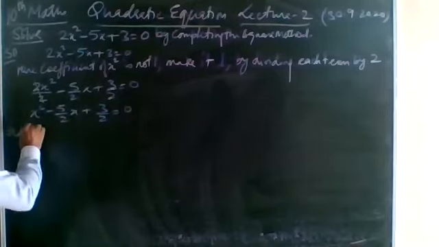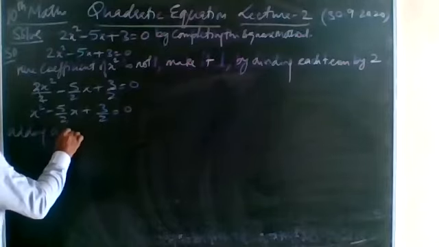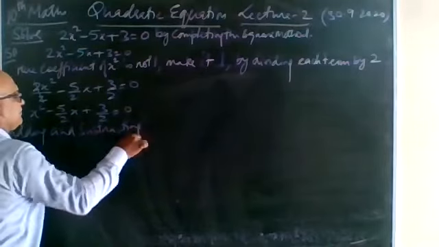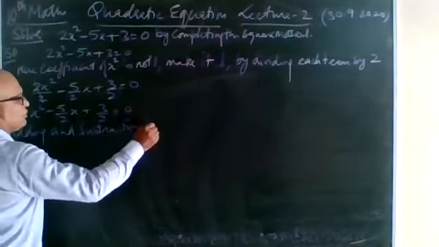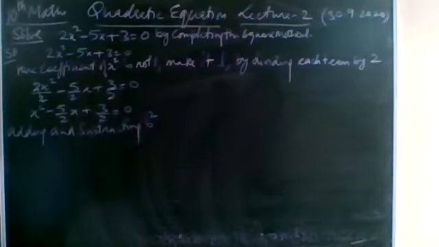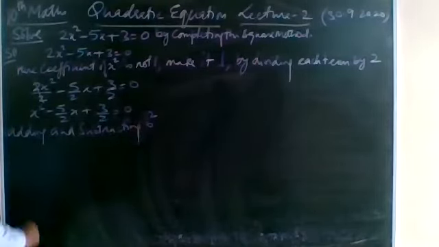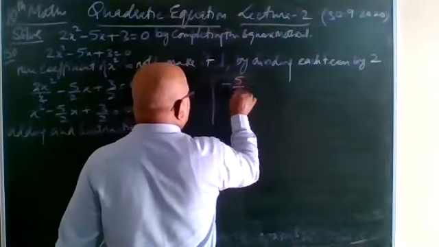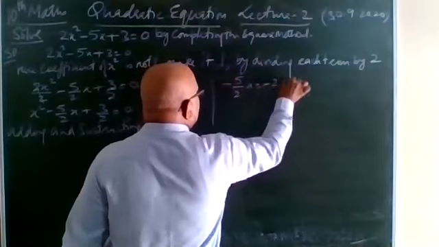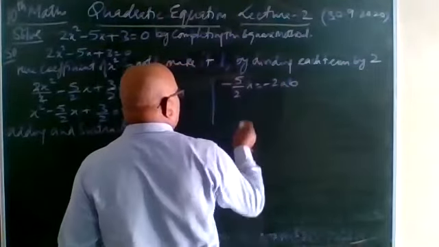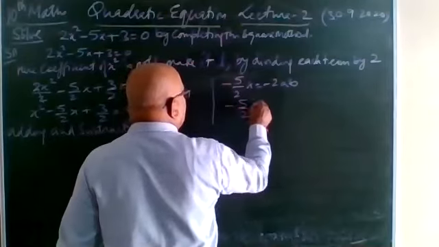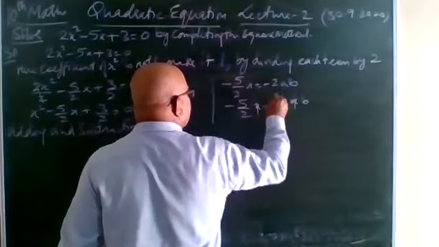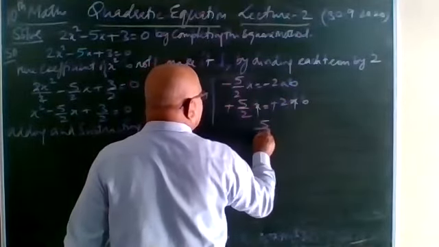After that, adding and subtracting b square. To find b, minus 5 by 2 x equal to minus 2 into x into b. The x cancels and the minus cancels, so b equals 5 by 4.